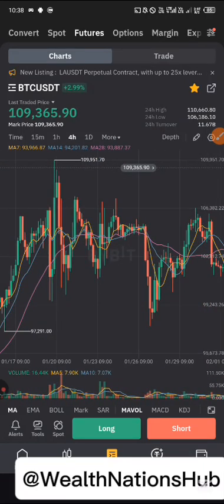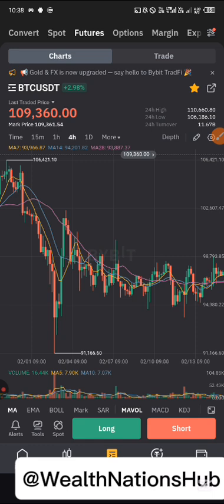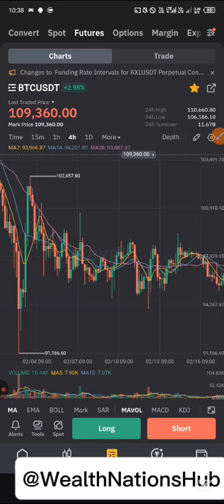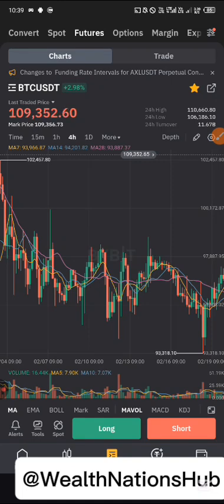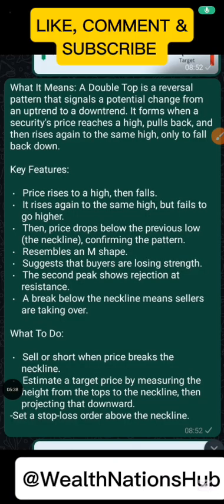Any crypto exchange is the same. The chart is the same. BTC is the same, and in any crypto futures trading, the Ethereum chart is the same. Whether you are using Bybit or MS Pro or Binance, the chart pattern is the same. Take note of that. So this is the interpretation of what I was saying about the double top.